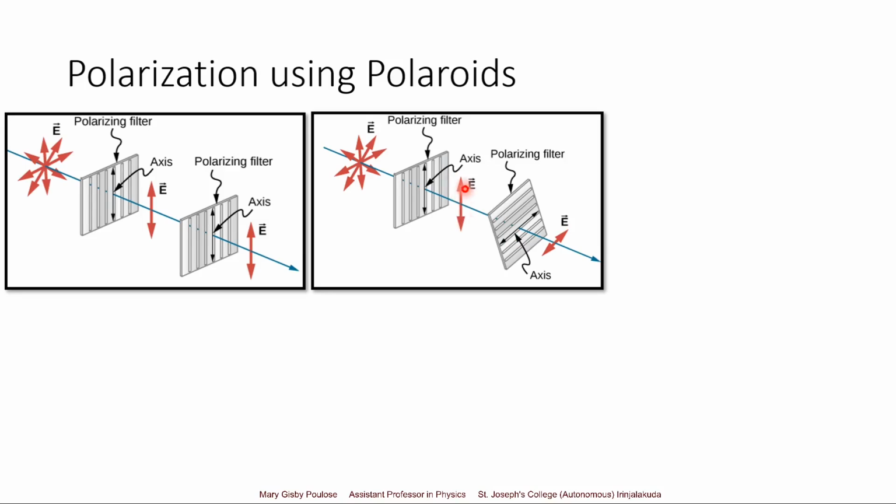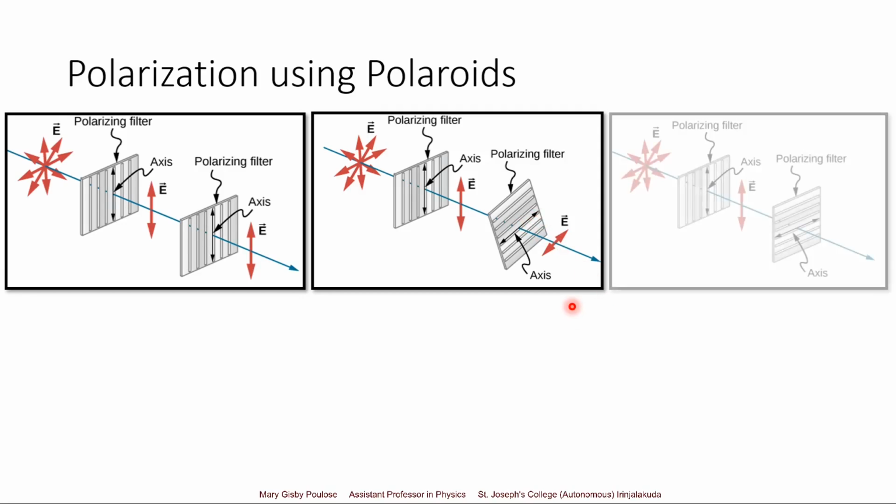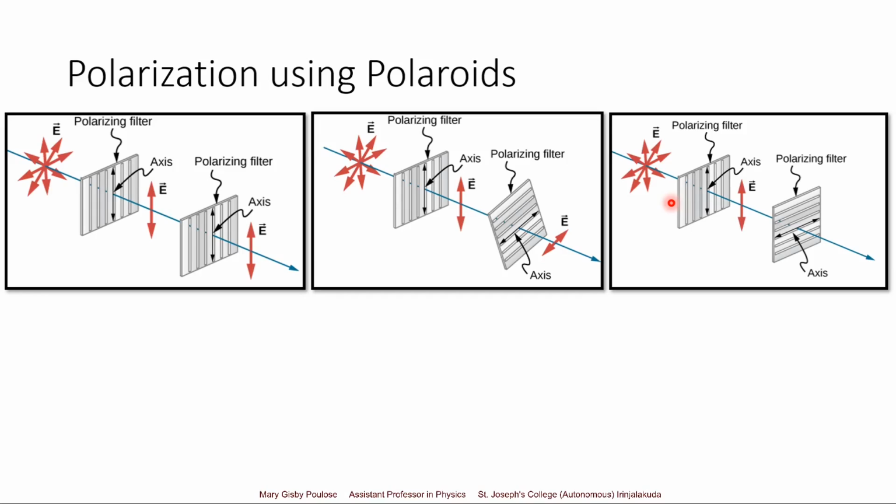So this vector E will be resolved into two components based on this analyzer, and only that component that is parallel to its transmission axis will be passing through. Now, when this analyzer is rotated 90 degrees with respect to the polarizer, no light will pass through it.